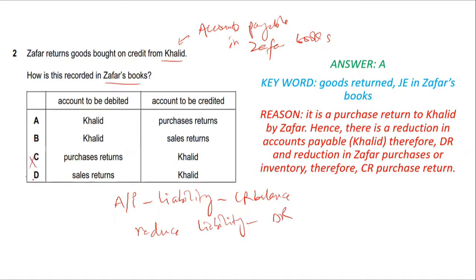So C and D are absolutely wrong in this case. Now we have a 50-50 choice between A and B. Sales return doesn't make sense because Khalid sold goods, and the question asks for the entry in Zafar's books. For Zafar, this is a purchase. So option A is the correct answer: account to be debited Khalid and account to be credited purchase returns. I have the reasons here, so you can always read them if you would like to.